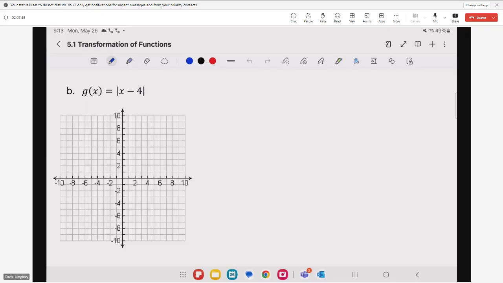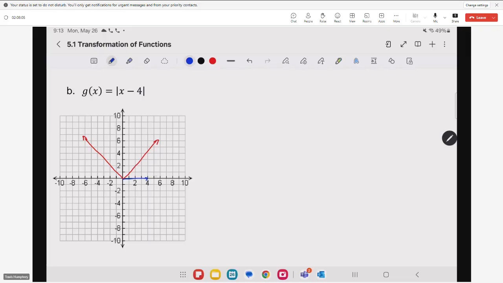So again, let's put the parent function on there first, and it is a V. Looks something like this. And we're going to subtract 4, so we are going to move it 4 units to the right.